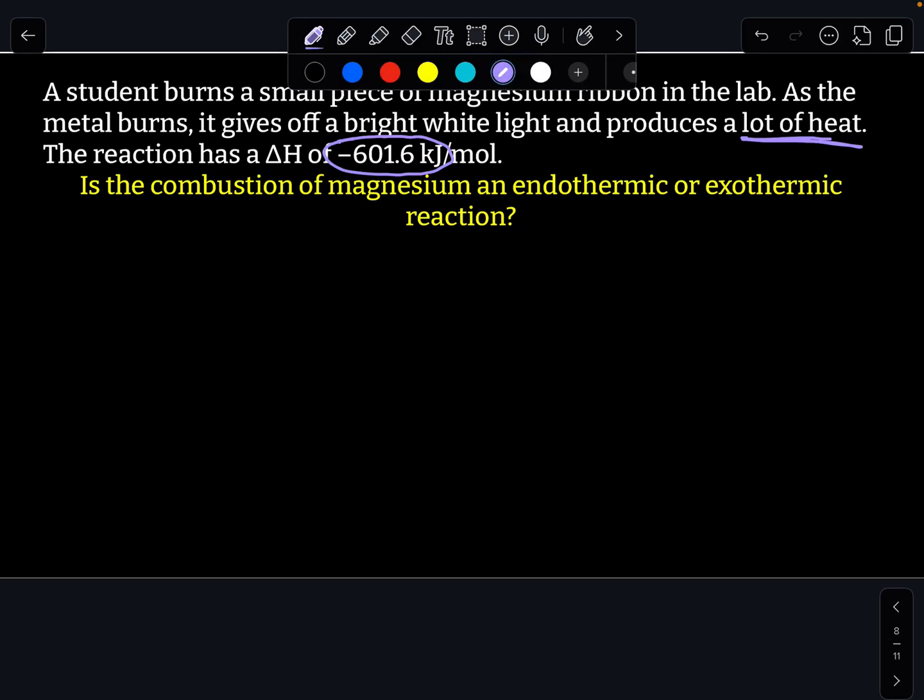Now, if I look at my little mnemonic, exo equals exit, which means it's hot. Endo equals enter, which means it's cold. So just off of those observations alone, if it feels hot, I know heat exited it, which means it should be an exothermic reaction.